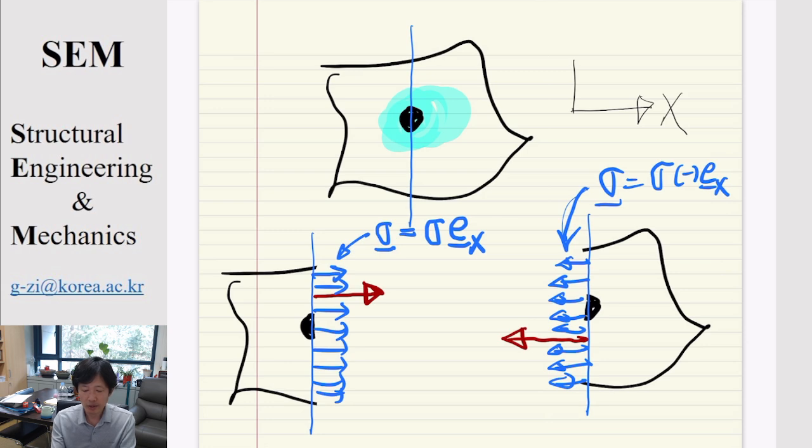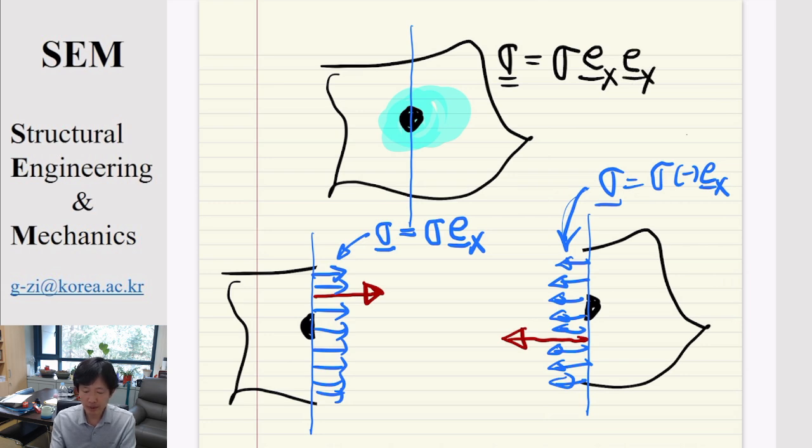That's why, to represent this stress state, we have to use two different base vectors. The stress state can be written by its magnitude, the direction of traction, and the observation direction. So we need two normals.